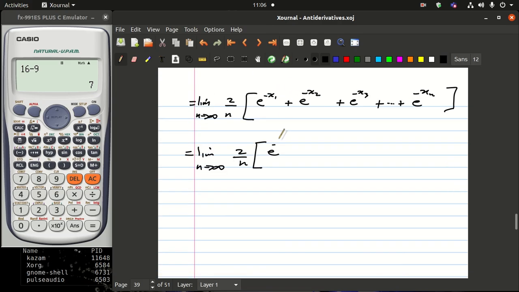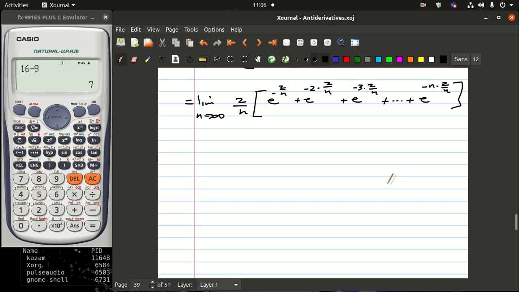When it comes to this, I said it was 2 over n, and then plus e raised to minus 2 times 2 over n, and then I have e raised to minus 3 times 2 over n, and then plus and so on, up to e raised to minus n times 2 over n.